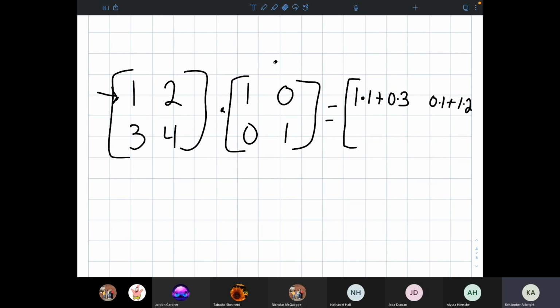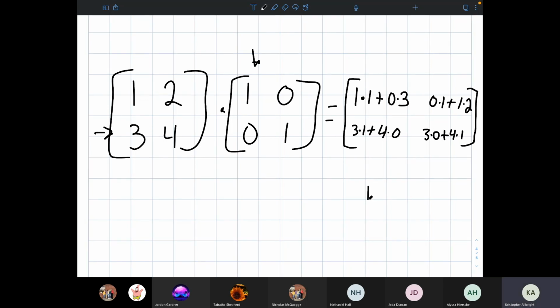Then we stay here and we move here. 3 times 1 plus 4 times 0, and then 3 times 0 plus 4 times 1.